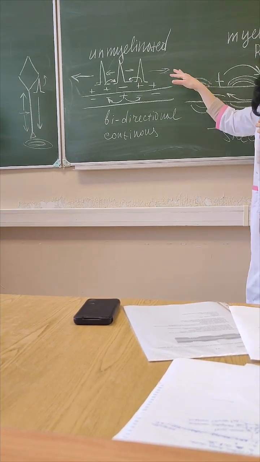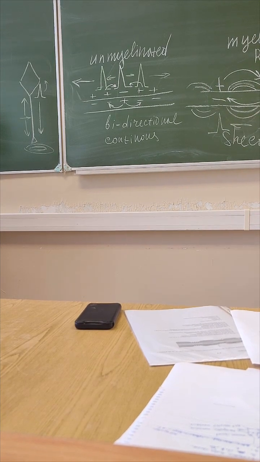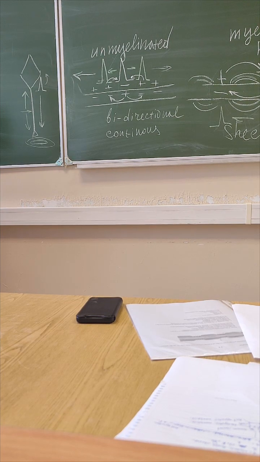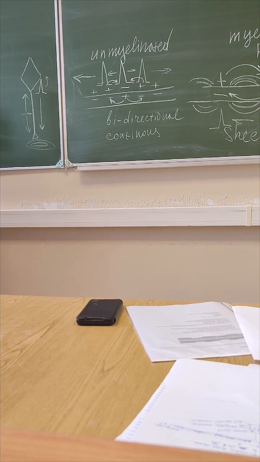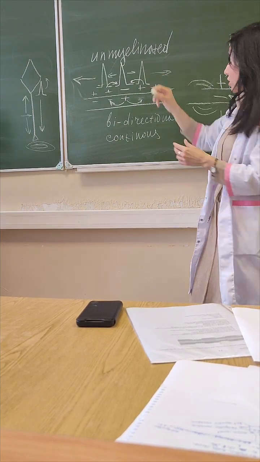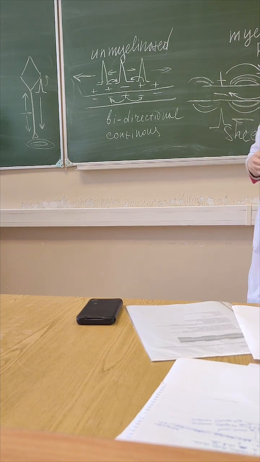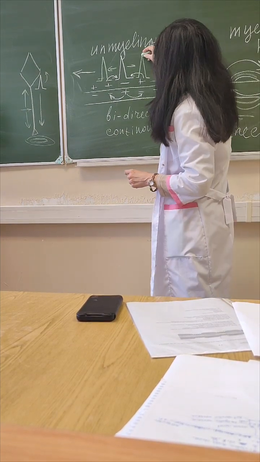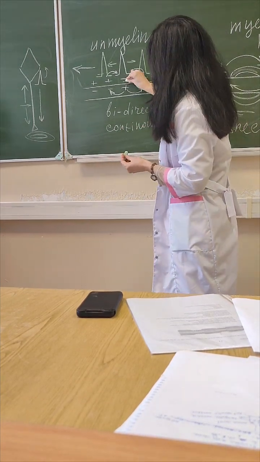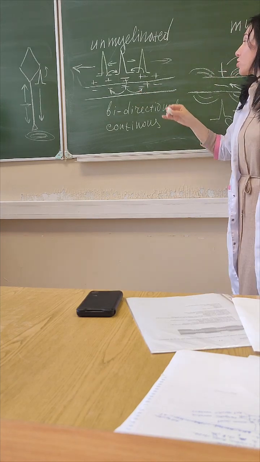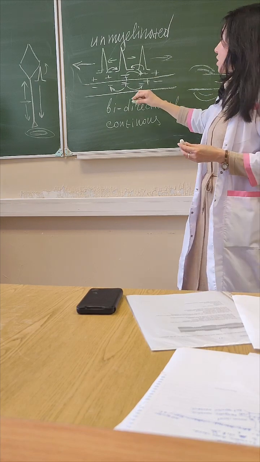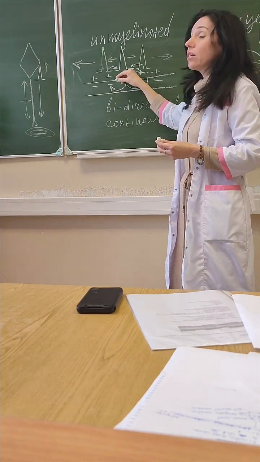Here, for example, we have reversal, and here repolarization and restoration of the membrane potential. So again we have an electrical current, but this electrical current cannot excite the previous part.